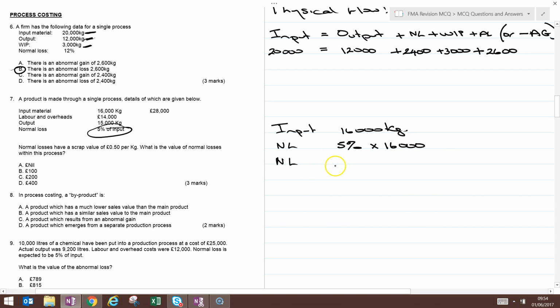So the normal loss is 800 kilos. And normal losses have a scrap value of 50p, so times it by 50p, and we've got £400. So the value of the normal loss, £400. Answer D.